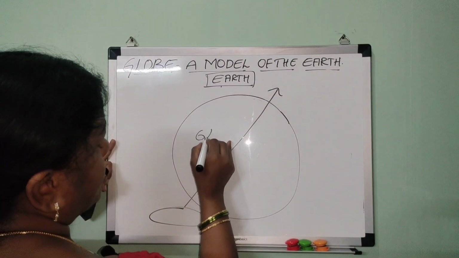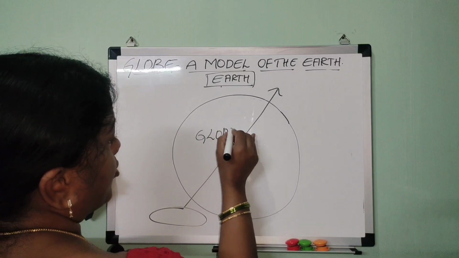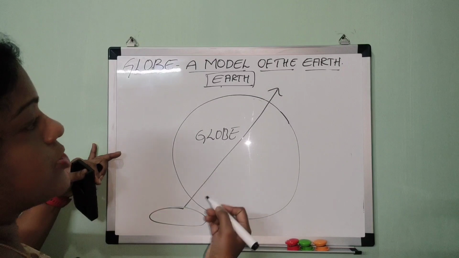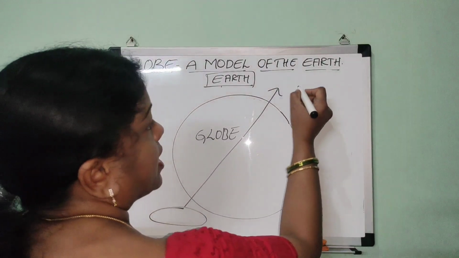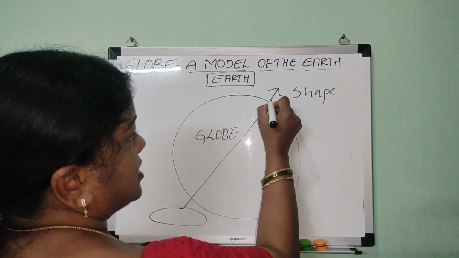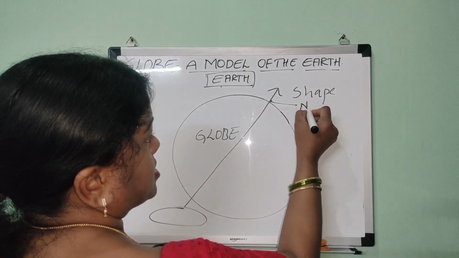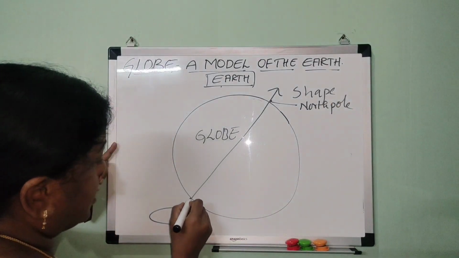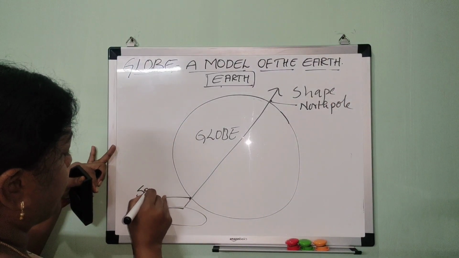Here, I am considering the globe as the best model of the earth, which will help us understand the first keyword, the shape. So let us consider the two end points. The top one is the North Pole and the bottom is the South Pole.